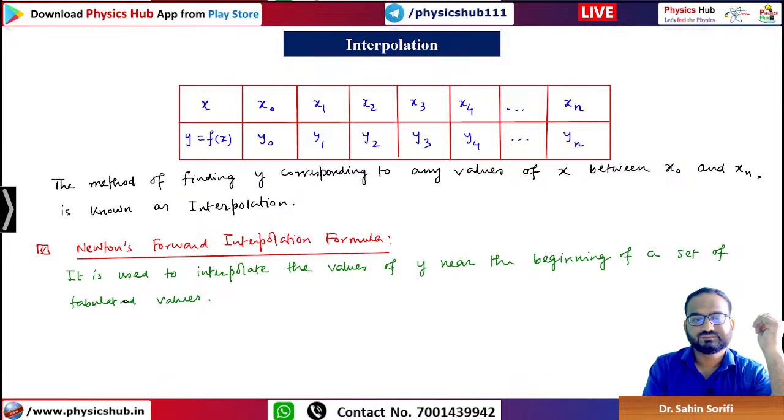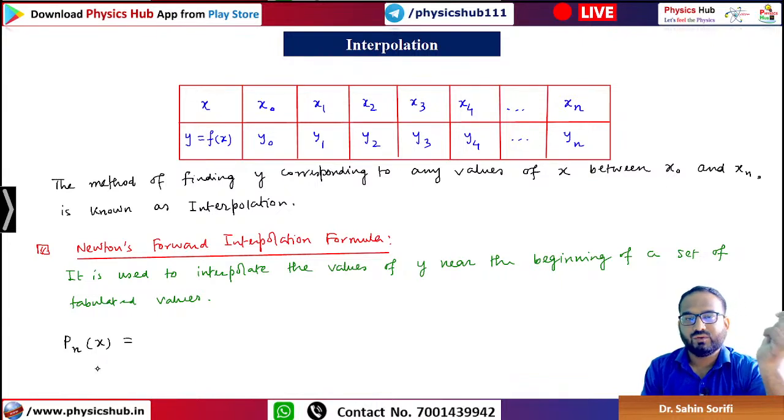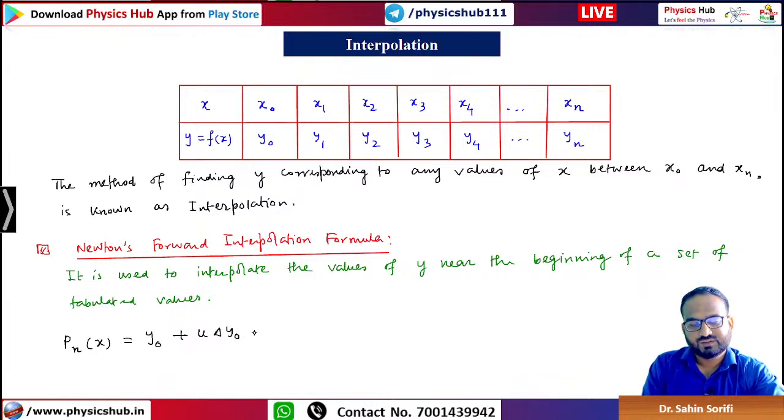Near this, and when we write the value Pn of x, the value of this function at that particular value of x where you need to find out the values, it is given by y0 plus u times delta y0 plus u into u minus 1 divided by 2 factorial delta square y0.